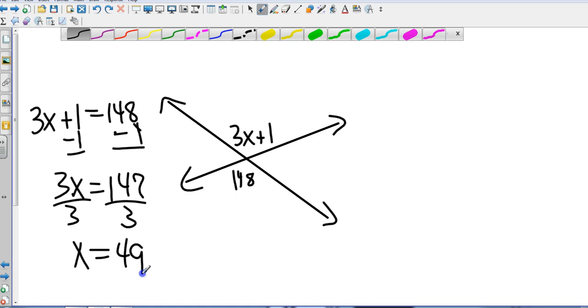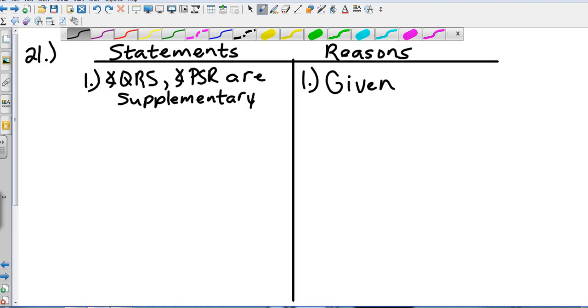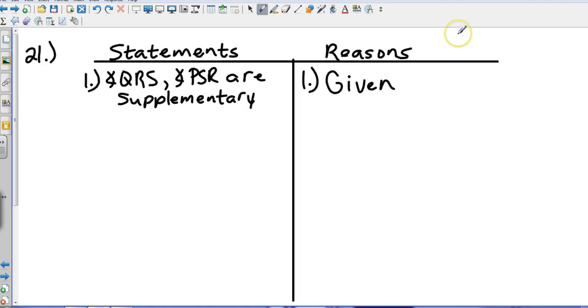So let's find a proof. Okay, let's take a look at a proof that doesn't have any blanks to fill in, that we have to start and finish all ourselves. This is actually number 21, found on page 105. Let's write that down. Page 105.